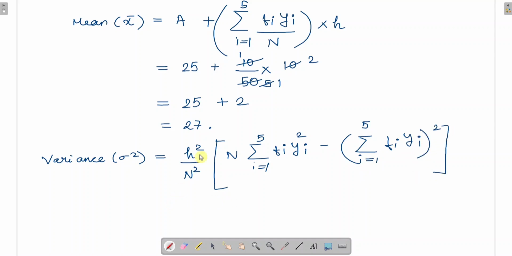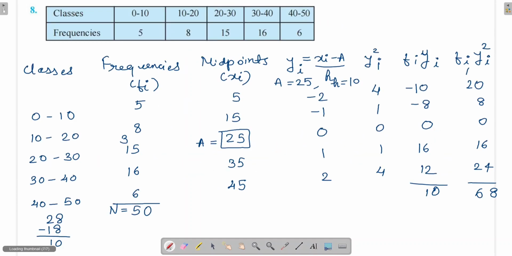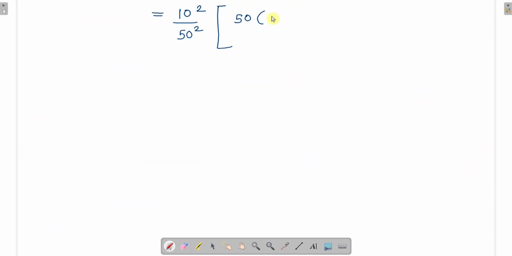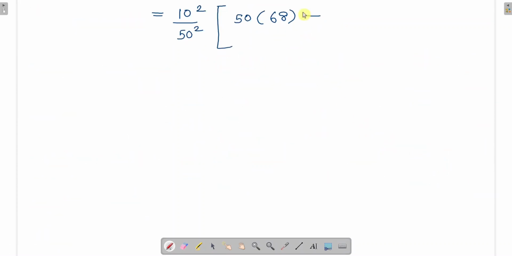Okay, so that means what we will get is h is 10, so 10 square divided by N is 50, so 50 square into N is 50 into summation of fi yi square, that is 68, minus summation of fi yi the whole square, so 10 square.